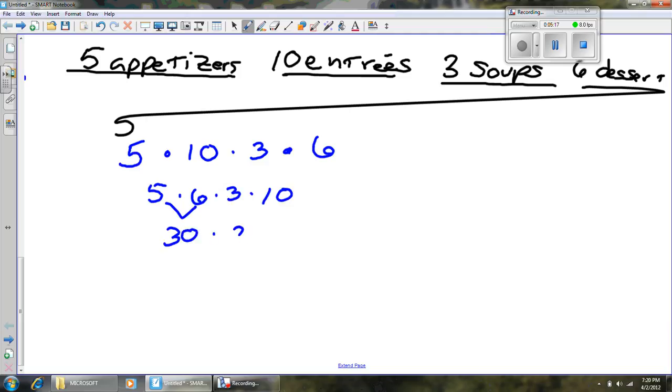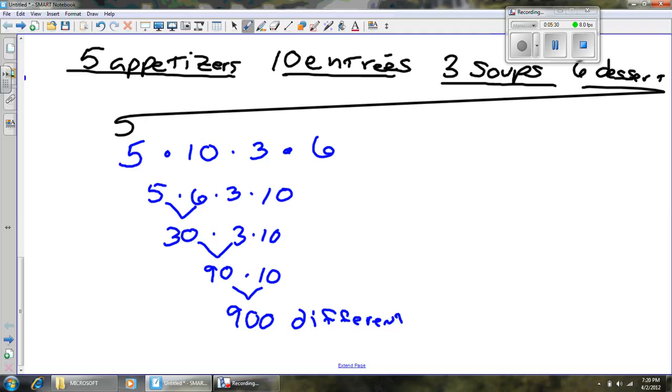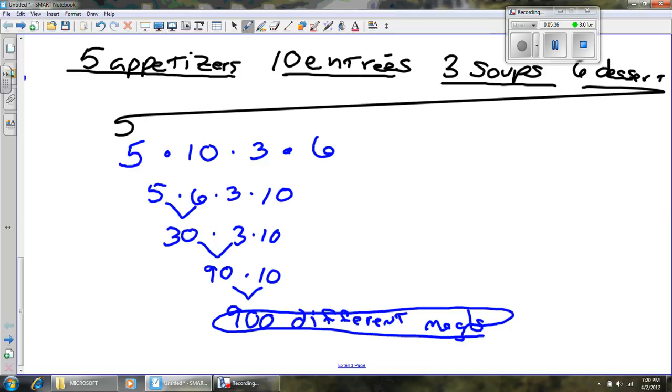That's 30 times 3 times 10, and that's 90 times 10, and that will be 900. There are 900 different meals. All right. 900 different meals. Do you really want to make a tree that has like 900 different things at the end? You'll be doing it till Christmas time.